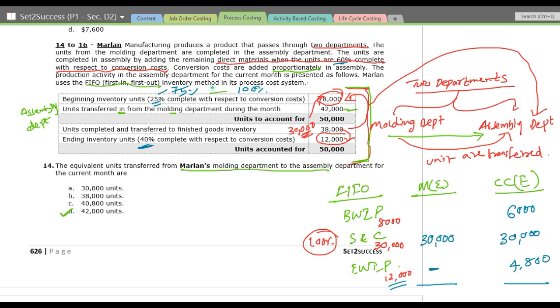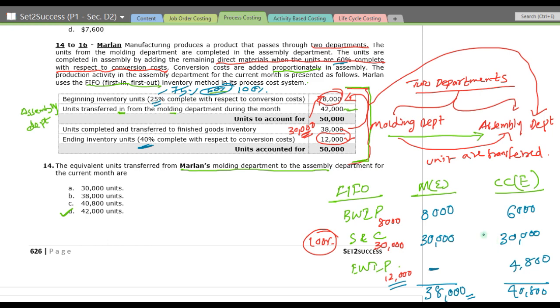In between we pass 60%, so this means we will add materials for the total 8,000. So the total equivalent units for material will be 38,000, and the total equivalent units for conversion cost will be 40,800.